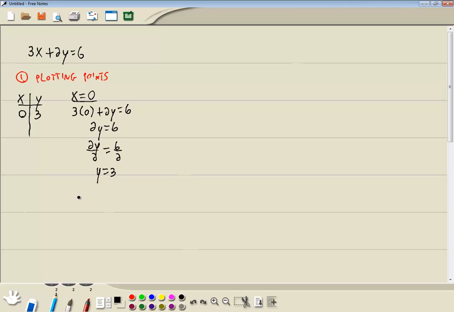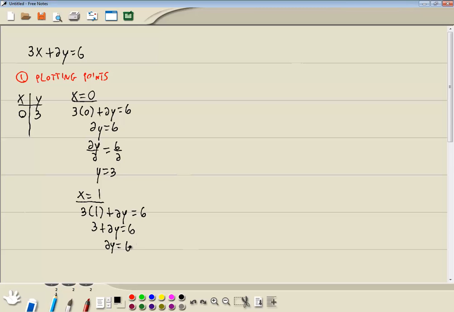Now I'll pick another x value. It doesn't matter which one. I'll pick x equals 1. And we'll plug 1 in for the x. You don't want to get too extreme with your x values. You don't pick like x equals 5,000. Keep it fairly small. So 3 times 1 is 3, plus 2y is equal to 6. Take 3 over.